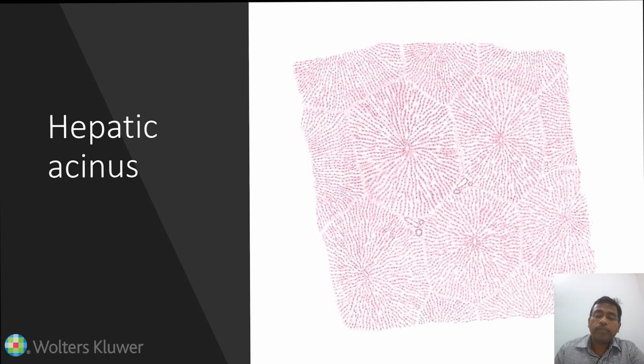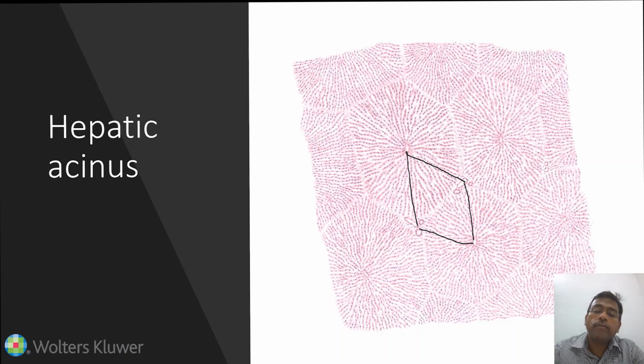What is hepatic acinus? It's a diamond shaped region in the parenchyma. So this unit has 4 angles, a pair of opposite angles.